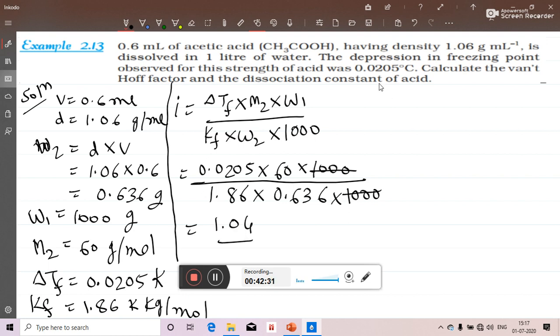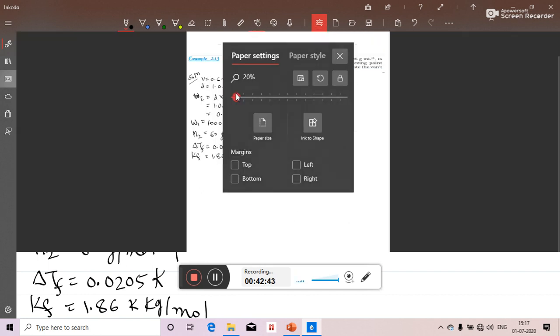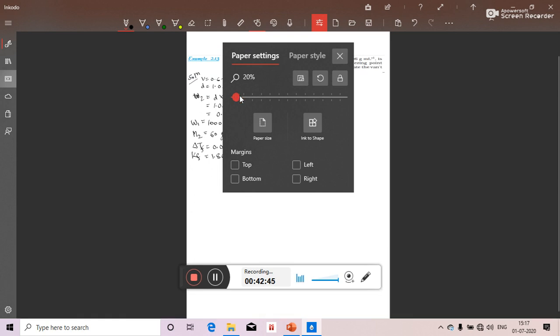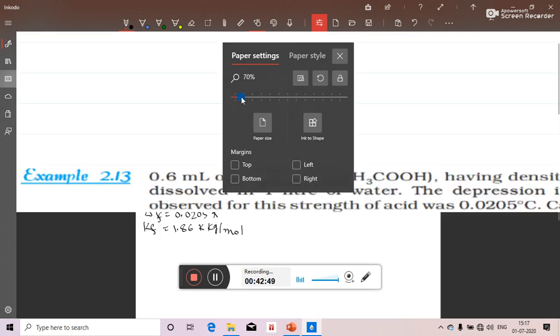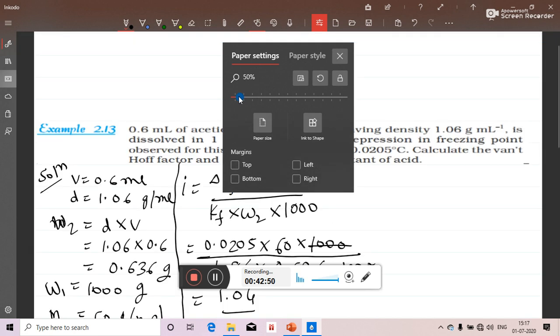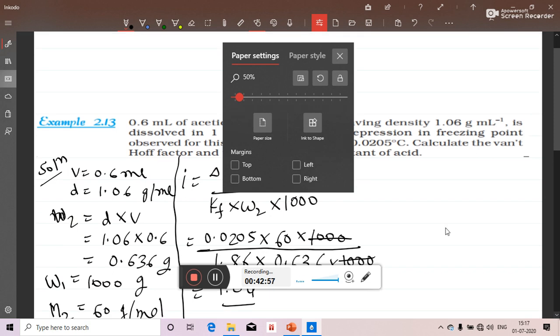Now in order to find out the dissociation constant Ka, we should know the molarity. So what will be the molarity over here?